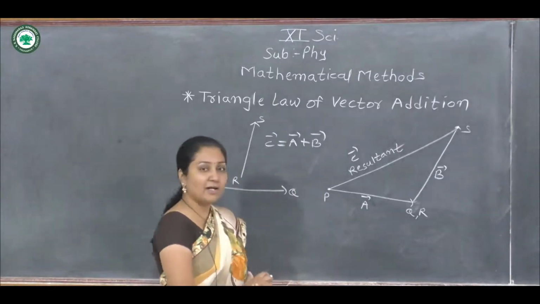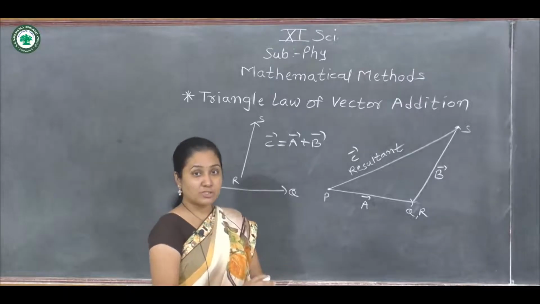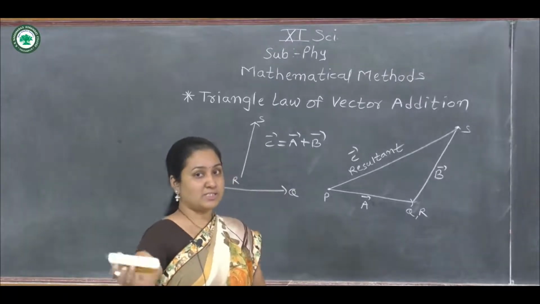Now from this triangle law of vector addition, there are two conditions that can be shown.